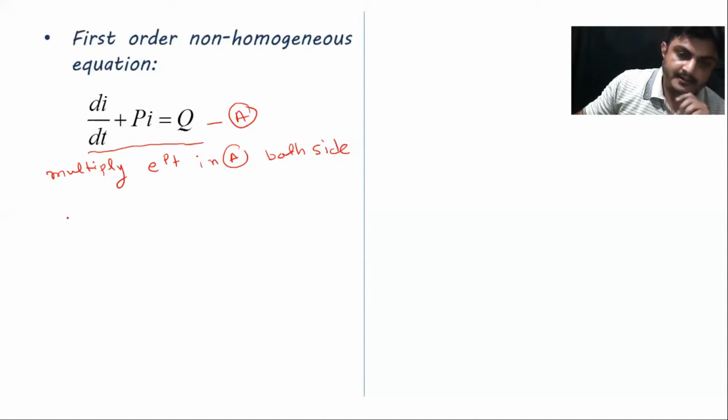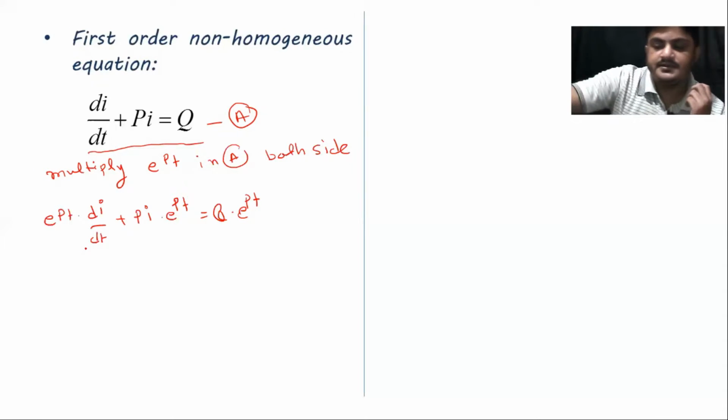So what will I get? I will get e raised to pt di by dt plus pi into e raised to pt. If I multiply e raised to pt on the left hand side, to keep the balance I also have to multiply it on the right hand side. So on the right hand side, this is q times e raised to pt.